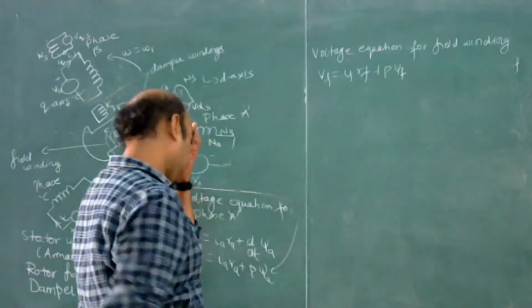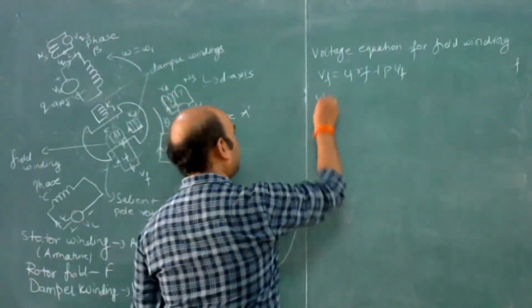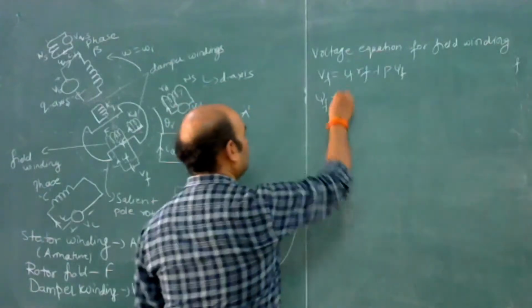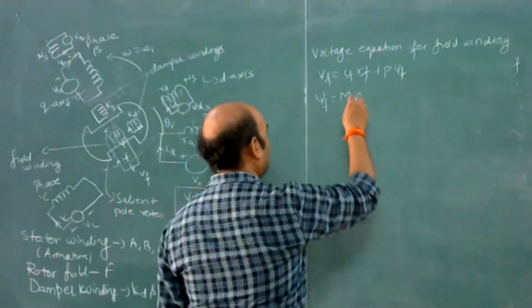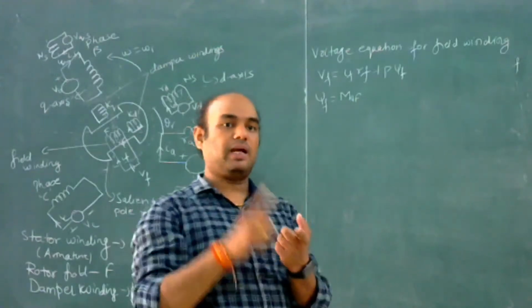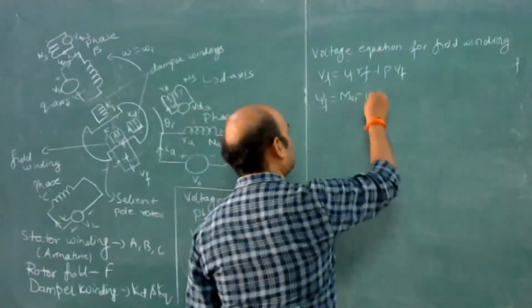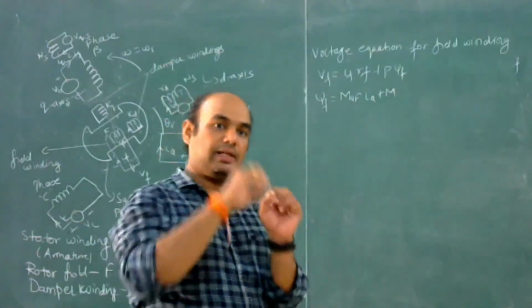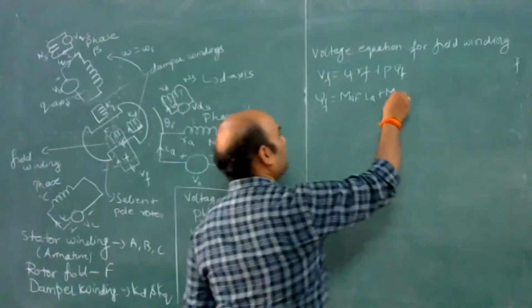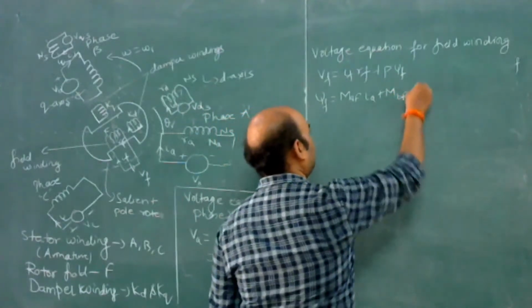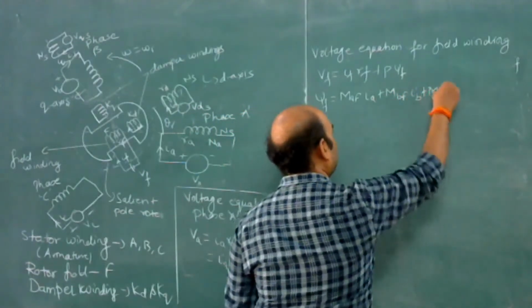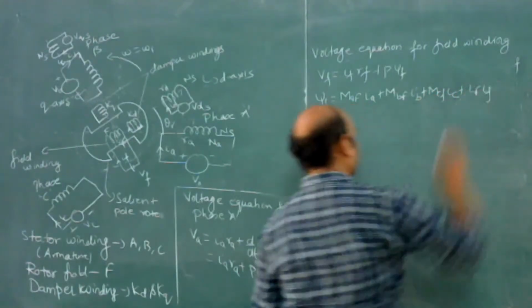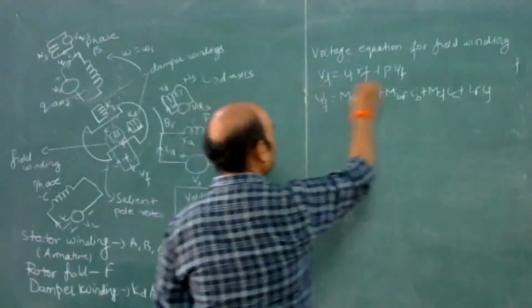Okay. And value of psi F, the flux linkage, is equal to MAF, the mutual inductance between phase A and field, into current IA, plus mutual inductance between field and phase B, MBF IB, plus MCF IC, plus LF into IF. So substitute psi F here.